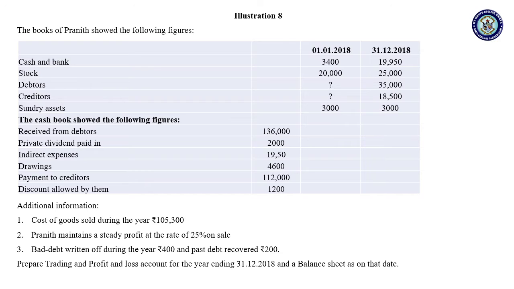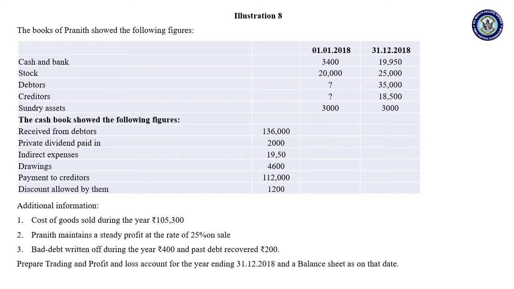Now private dividend means it is Pranit's, and paid in means he introduced or invested his private dividend in the business. In means he is paying in. Private dividend paid out means the private dividend of Pranit is paid out of business.